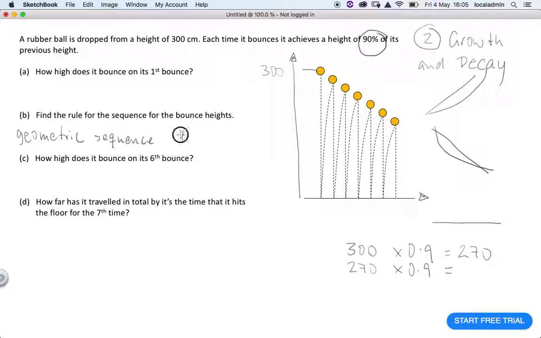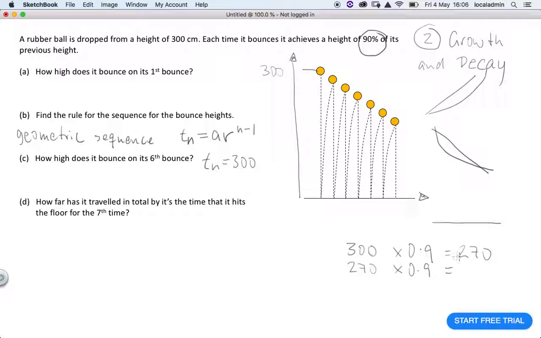And the value of any term in that geometric sequence is the same as the beginning of the sequence multiplied by the common ratio to the power of n minus 1. Okay, so now if we continue with that one, we know that our initial value is 300.